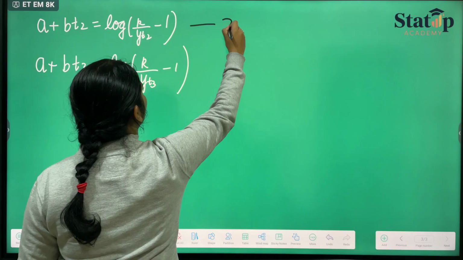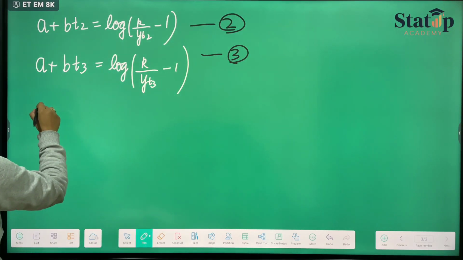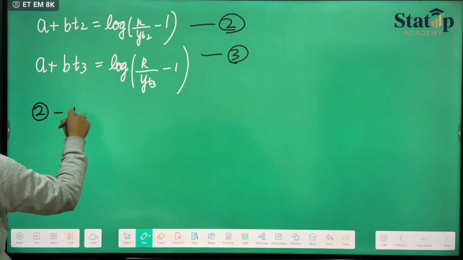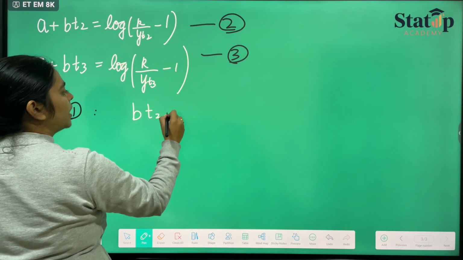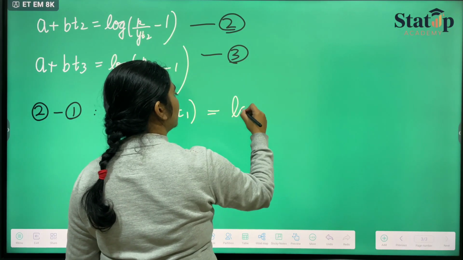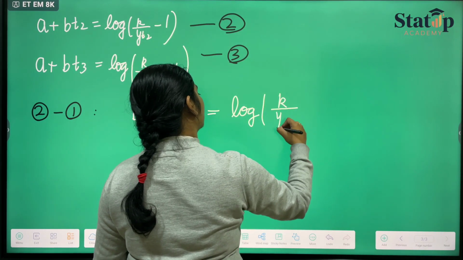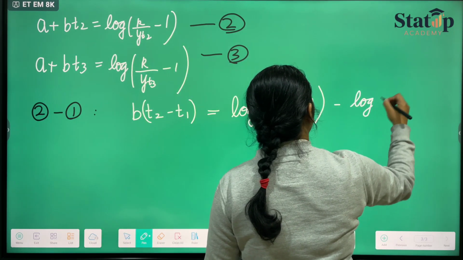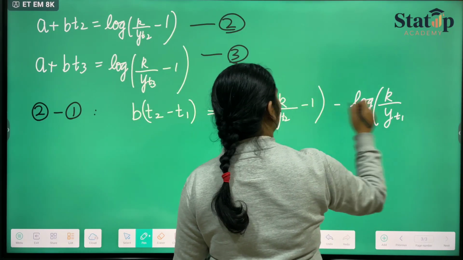So this is our equation number 2 and this is our equation number 3. So first we'll subtract equation number 1 from equation number 2. So it will be b times t2 minus t1, b will be common, and here it will be log of k upon yt2 minus 1 minus log of k upon yt1 minus 1.